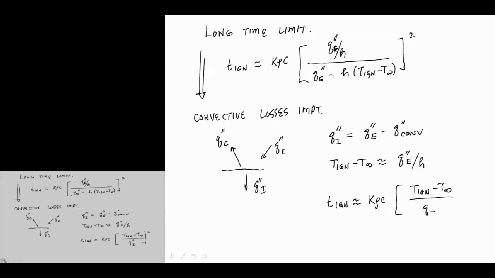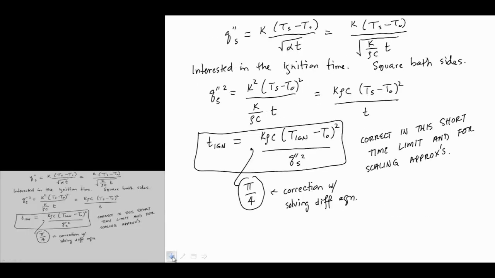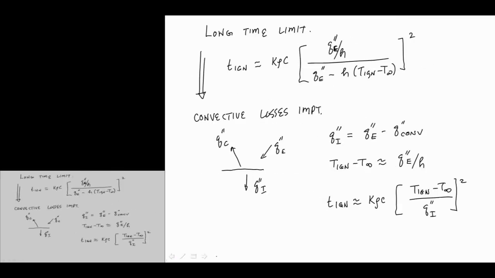So remember in the short time it is T ignition minus T_0 over Q external squared, but the Q external was the amount of heat that was heating up the inside also, and here it looks exactly the same, but we're taking away some of Q external that's associated with the heat losses. Okay, all right. So this is a good place to stop, and next lecture we will talk about how this impacts flame spread processes.